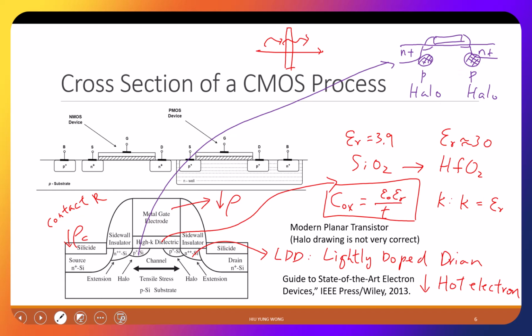You need that for planar devices, but in this class we'll also discuss SOI and FinFET. In that case, we don't need that. We will see that later. Maybe you cannot memorize, right? But in the future, compared to the slides, the key things about a real transistor are: metal gate, high K dielectric, silicide, extension, and halo.